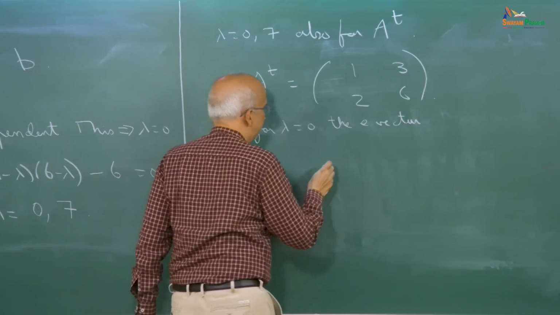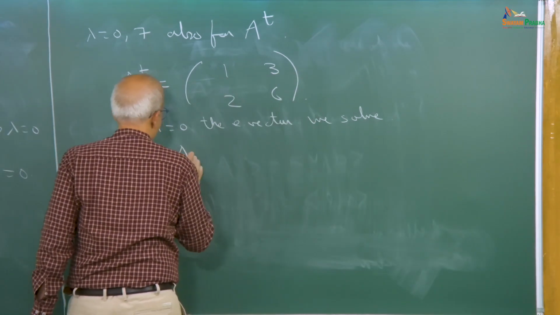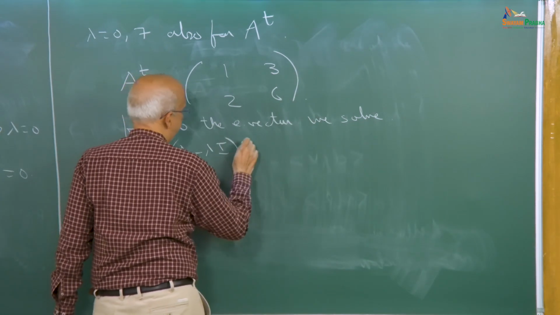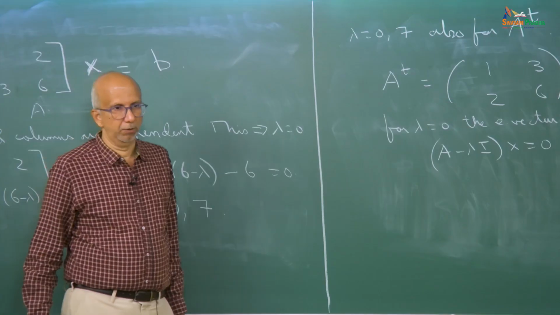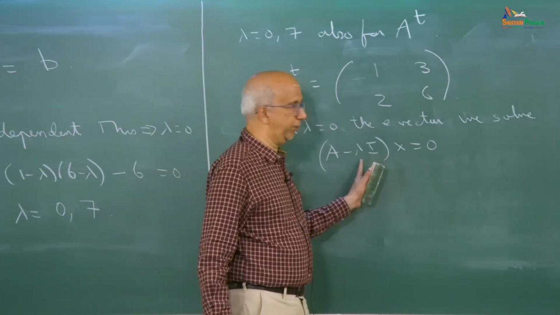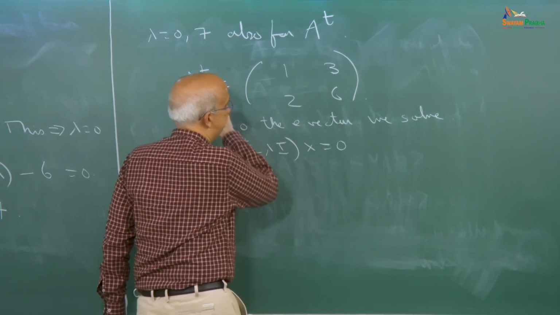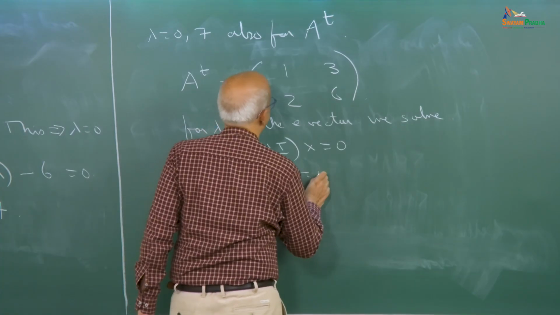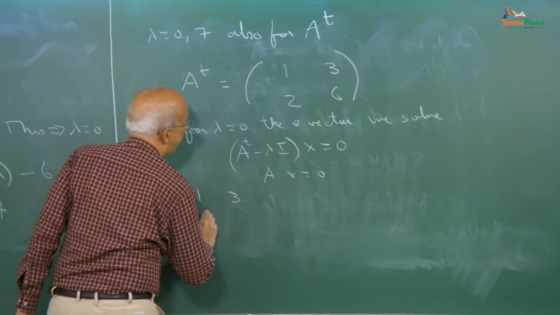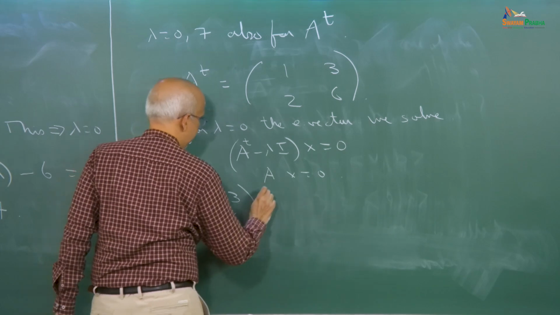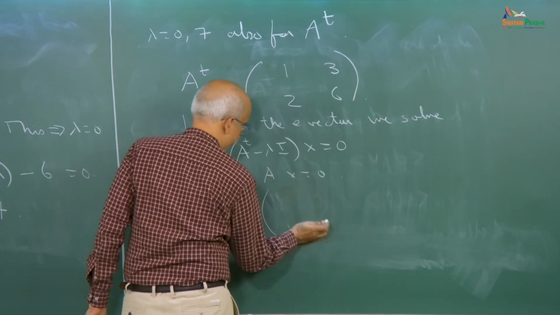We solve A minus lambda I x equal to 0. The solution x corresponding to lambda equal to 0, basically I will solve A transpose x equal to 0. Now, I am looking at the transpose, 1 3, 2 6, times x1 x2.